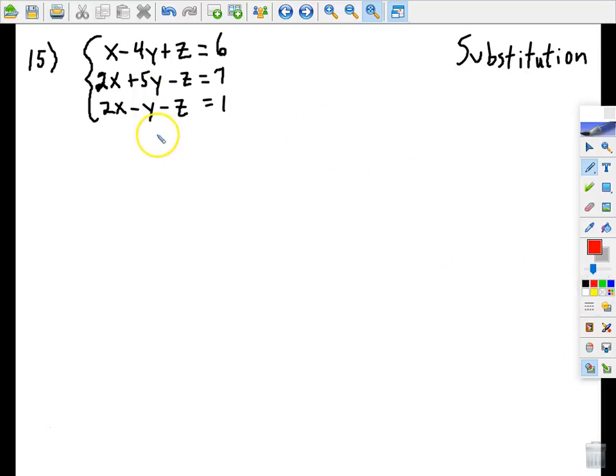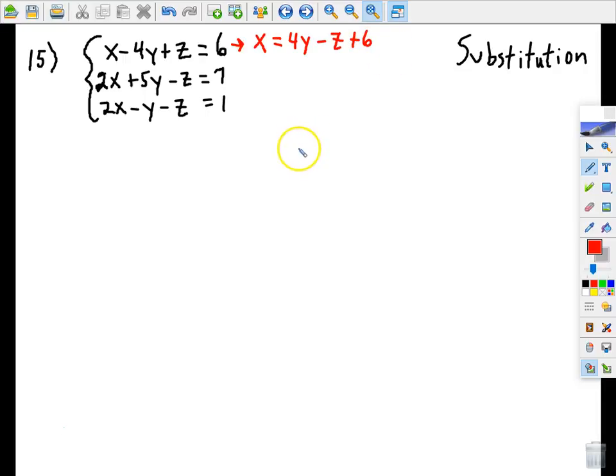So I'm going to solve for x in this top equation. Solving for x would give us positive 4y, because we have to add 4y to both sides, minus z, plus 6. There's already a positive 6 on the right side.